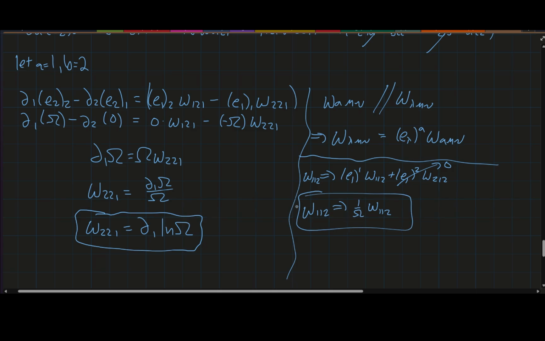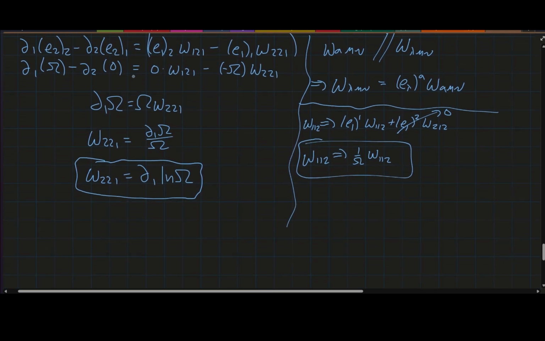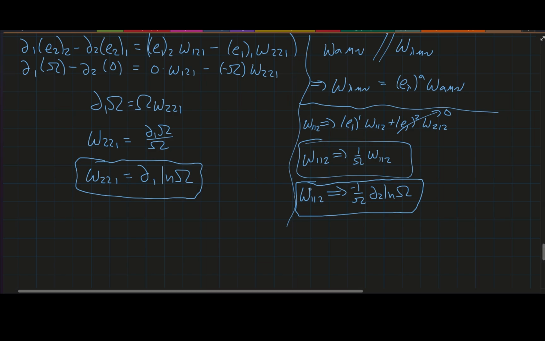And so what that actually means is our W112 is this, minus del 2 ln omega. Just going to remind myself here, minus del 2 ln omega, okay. So this is what we're actually going to use in the equation for the Riemann tensor. Similarly for our other W, actually I'm going to outline this in a different color just so I don't get confused.